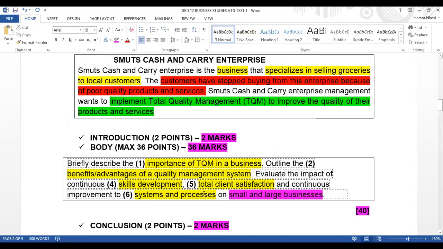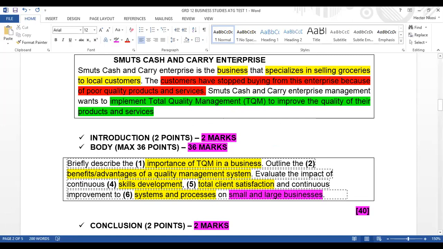I wanted to change this and show you how this will be. Because now if I just did 2 borders, it's like 2 different case studies. So I just wanted to make it like this. So this is how you answer your essay type question for every question, guys.